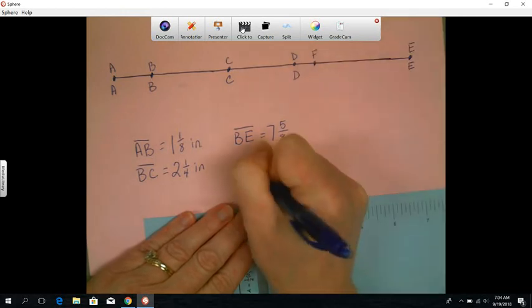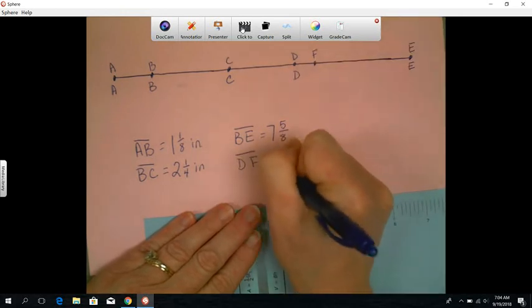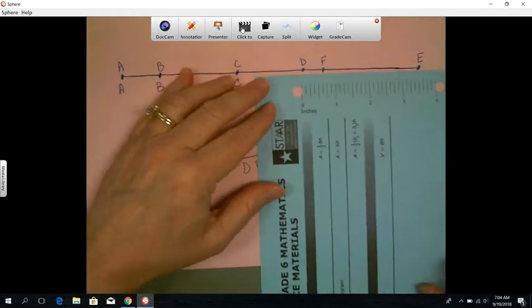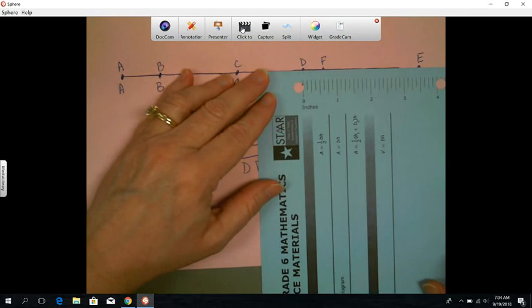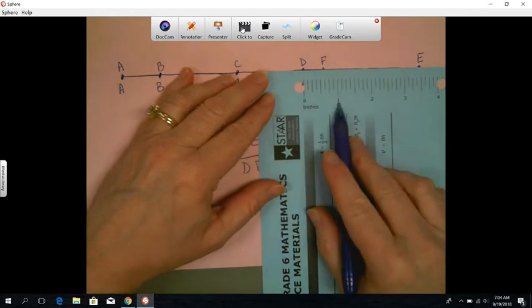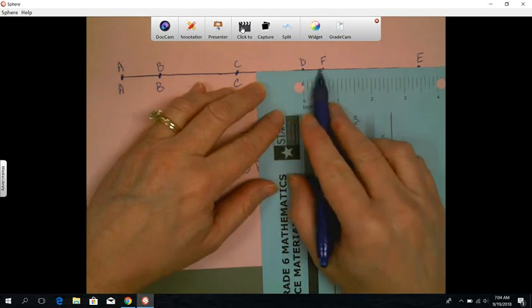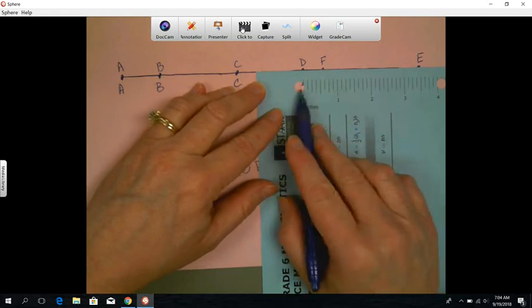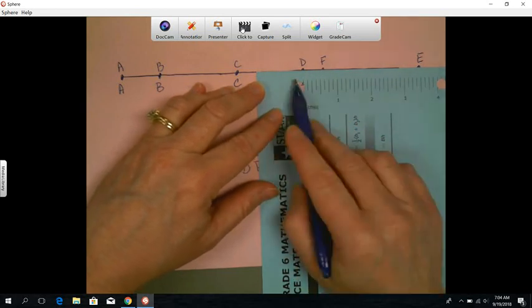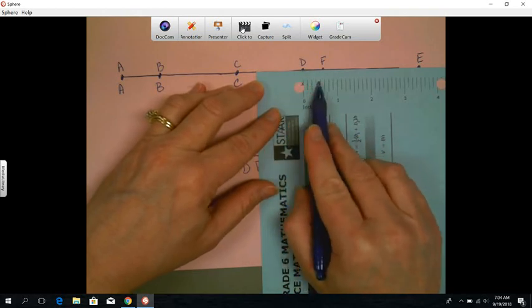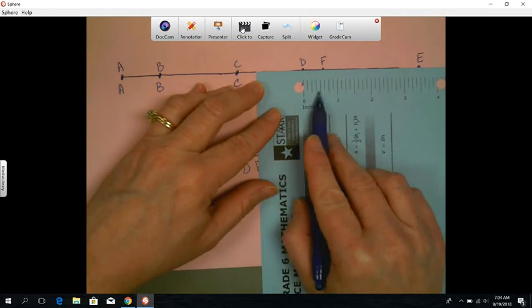So let's try DF. And so for DF, if I line up 0, right, I can see that it's definitely less than 1 inch. And so from D to F is less than 1. So I'm just going to have a fraction here, not 1 and something or 2 and something or whatever. I'm just going to have that fraction. And if I notice, I go over, it's kind of in between the 4/8, which is a half, and 5/8.